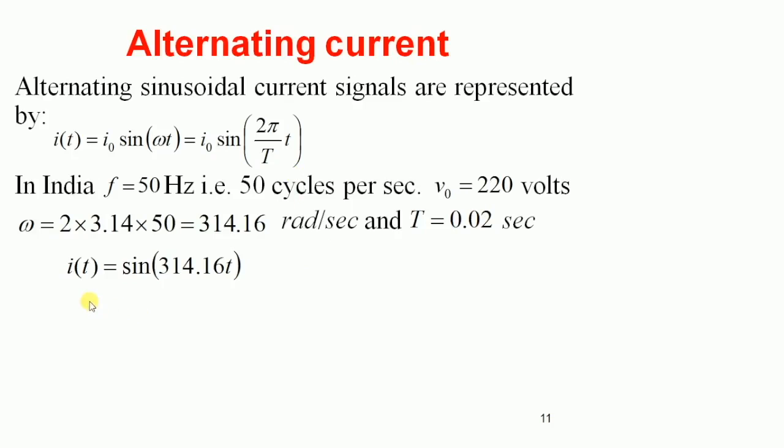Here, if I consider the amplitude of the current to be unity, say 1 ampere, then I of t, that is the instantaneous value of current, can be represented by sine of omega t, that is 314.16 into t.